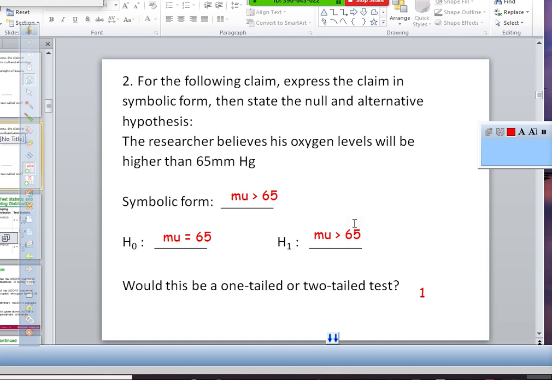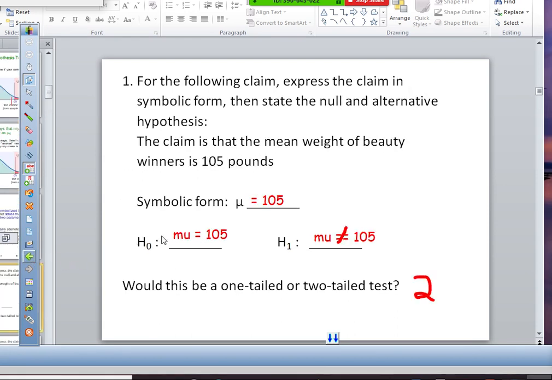Now, just so you guys are clear, almost always your claim is going to be H1 most of the time, because the only time your claim is H naught is when your claim is or equals. So usually your claim will be H1. Not always, but usually. Now, if you look back at this one back here, you guys mute yourselves because we're getting feedback again. This time, when your claim is equals or is, that's when your claim is H naught.